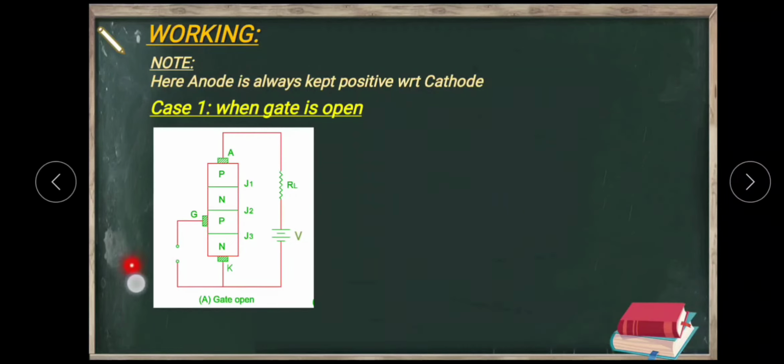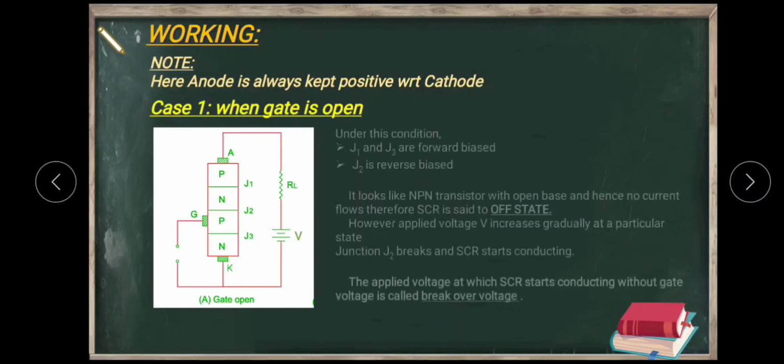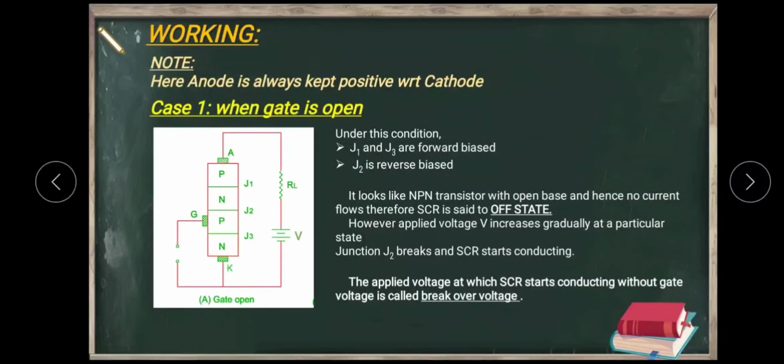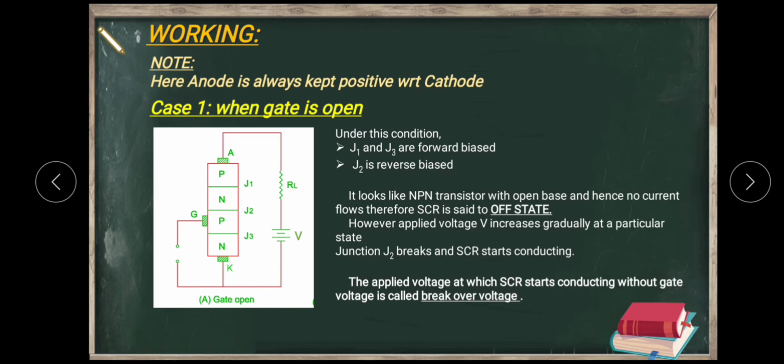In the same way, when the gate is 0, no current flows through the SCR, therefore the SCR is in the off state. However, as the voltage applied between anode and cathode increases, at a particular point junction J2 breaks and the SCR starts conducting. That voltage is called the breakover voltage. So the applied voltage at which the SCR starts conducting without gate voltage is called the breakover voltage.